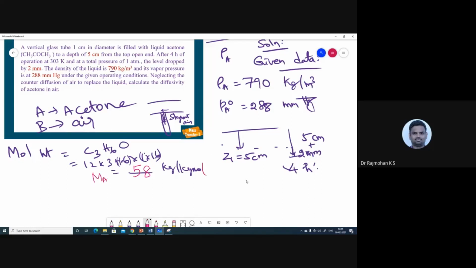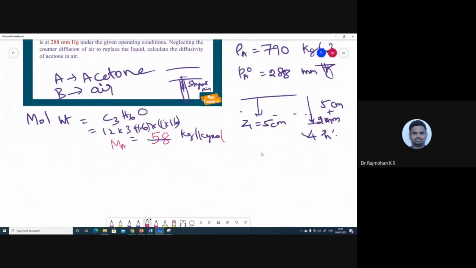Okay, and we know the relationship, partial pressure is equal to vapor pressure into mole fraction. So remember at the surface of the liquid, that's where vapor pressure is given. Here we know PA2 is 0. So PA1 at the surface of the liquid is given by vapor pressure times mole fraction. For pure A, XA equal to 1.